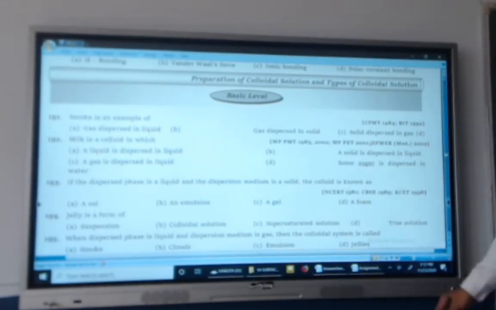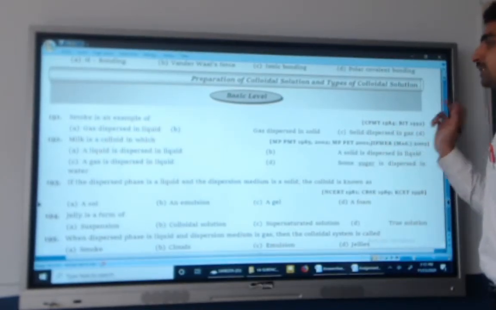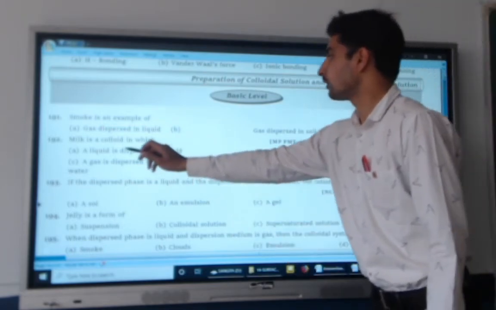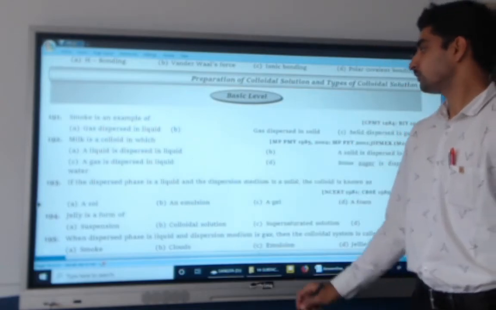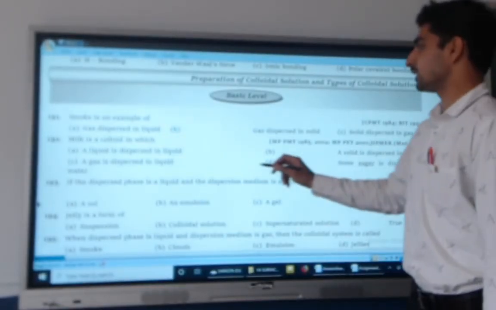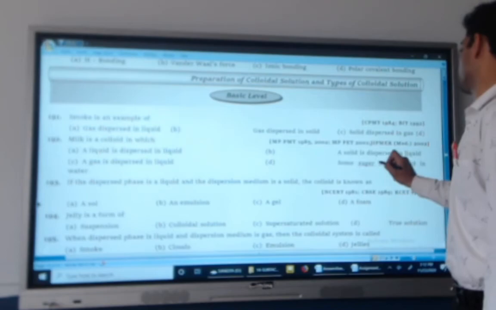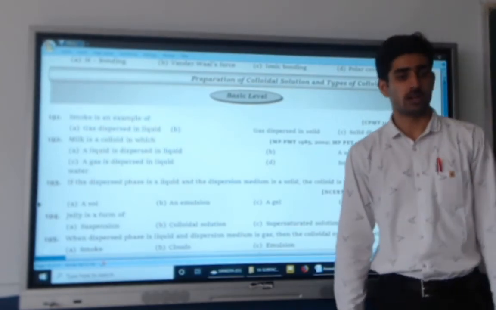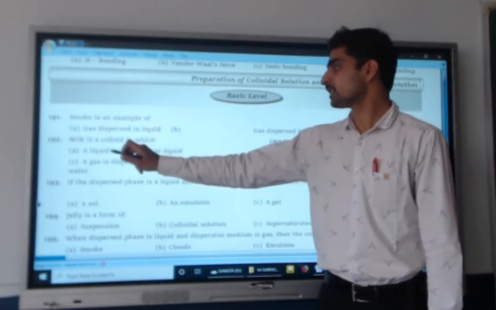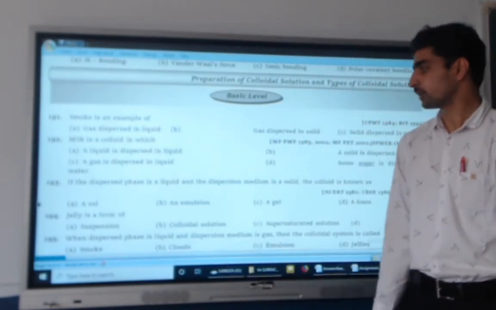So the option is smoke is a solid that is dispersed in a gas. Now, milk is a colloid in which a liquid is dispersed in a liquid, a solid is dispersed in a liquid, a gas is dispersed in a liquid, sugar is dispersed in water. So the milk is what you are going to call emulsion. So emulsions are nothing but liquid dispersed in a liquid.